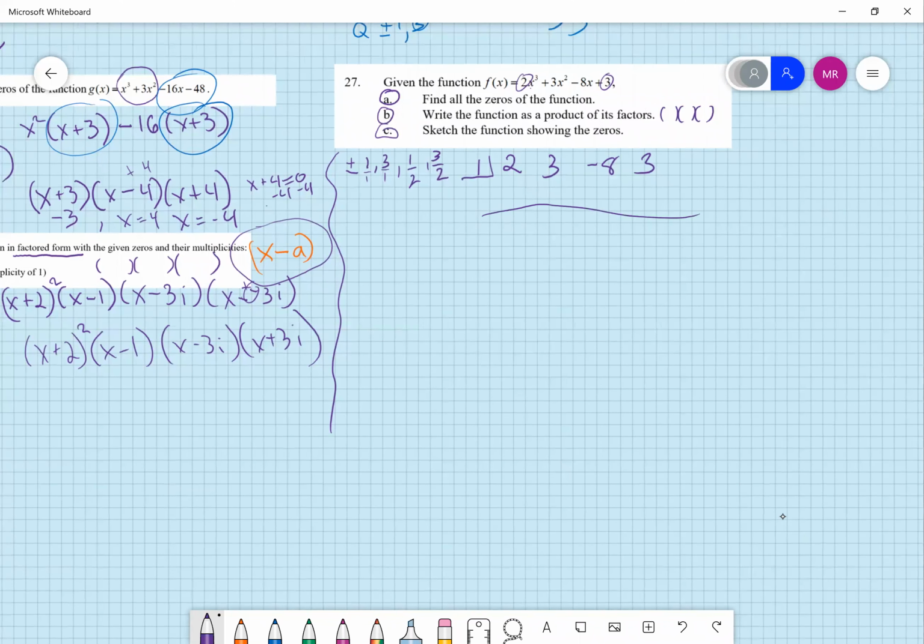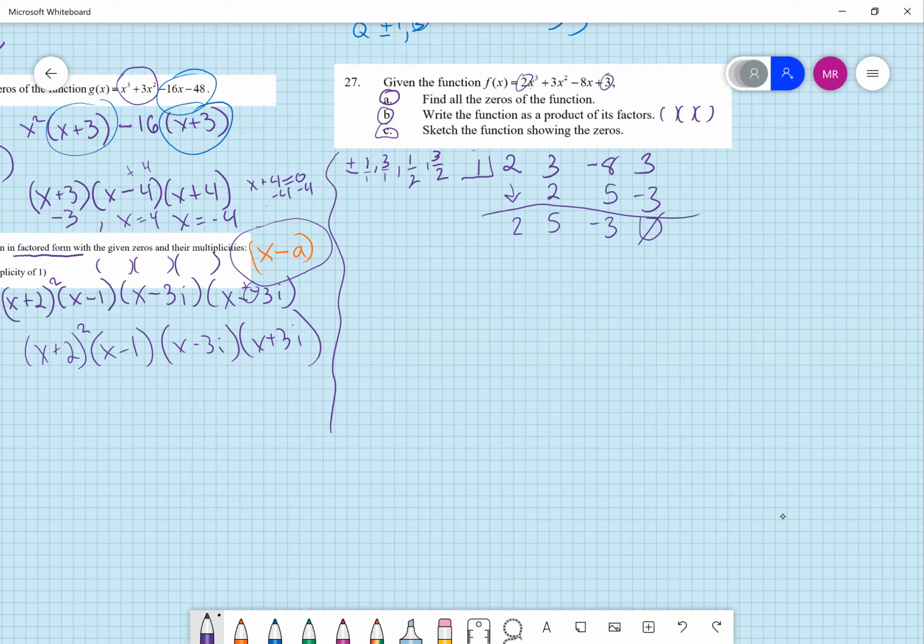So we bring this 2 down. 2 times 1 is 2. We put that here. We add these together. 2 plus 3 is 5. 1 times 5 is 5. And then negative 8 plus 5 gives us negative 3. Negative 3 times 1 is negative 3. We add 3 and negative 3 and we get that 0.